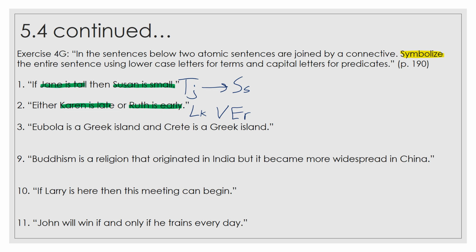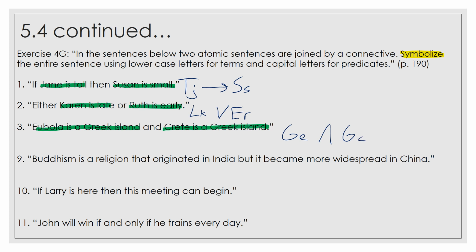Number 3, Euboea is a Greek island, and Crete is a Greek island. We have a conjunction. Big G for the predicate of Greek island. Little e for the subject, and we have the same exact predicate, so another big G, and a little c for the subject.